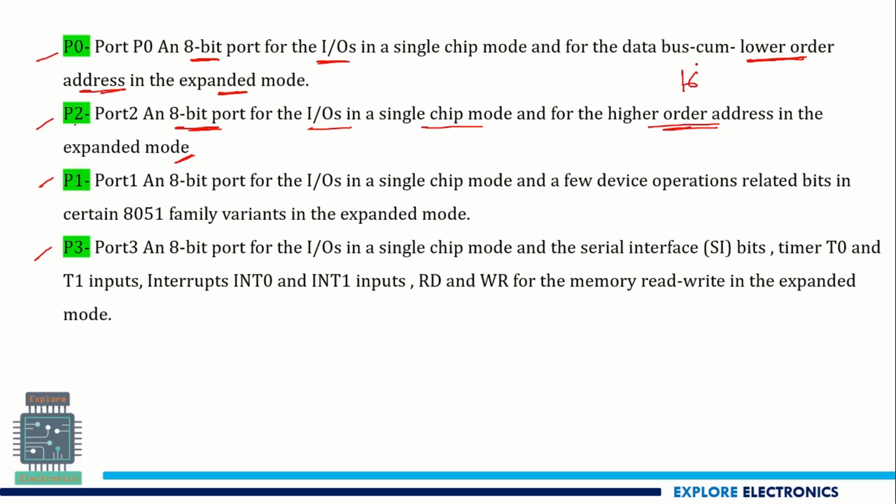The total address will be 16 bits. Out of those 16 bits, the lower 8 bits of address will be supported by P0, and the higher 8 bits will be provided through P2. That is the meaning of higher order address and lower order address.